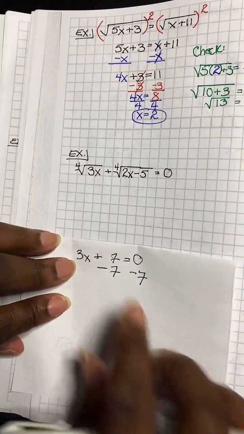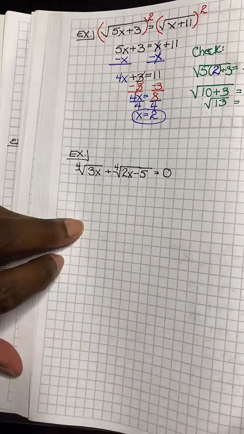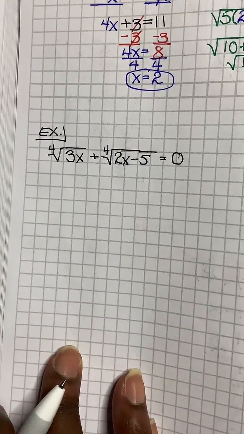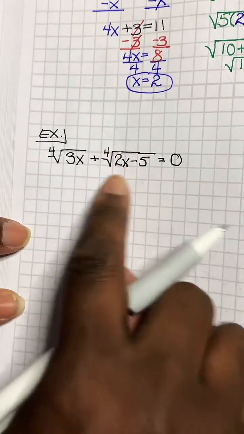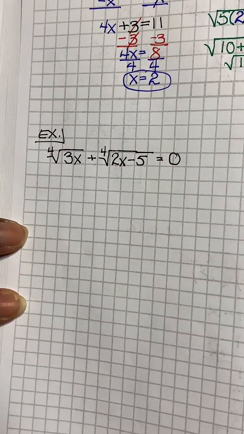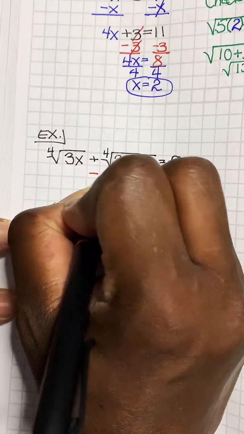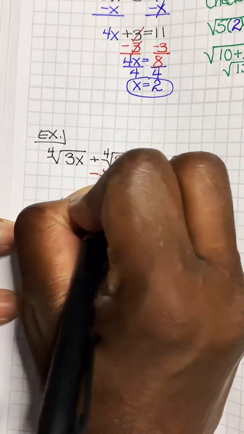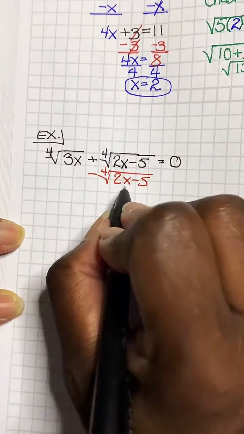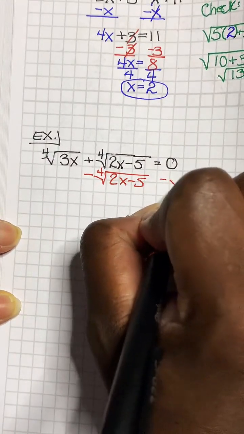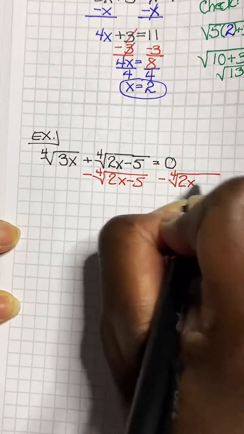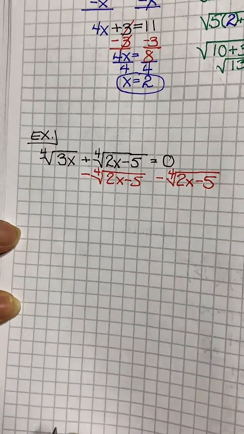What makes you think we can't do the same thing for this? Instead of a 7, we're going to subtract this whole entire term. So that means if I subtract the fourth root of 2x minus 5, whatever I do on one side of the equal sign, I'm going to do on the other side. Right?